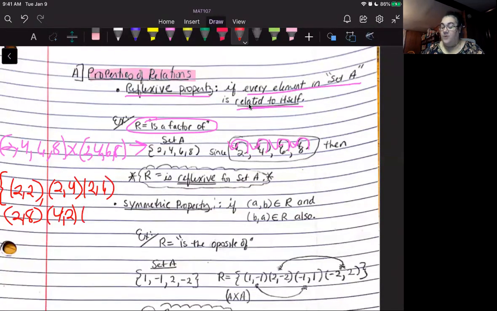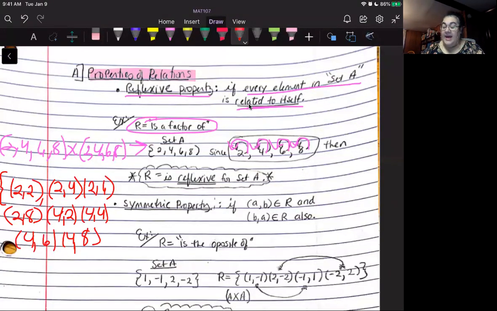Then we have 4, 4, there's the reflexive. We have 4, 6, and 4, 8. Oh, sorry, that 8 is kind of nasty. Let me see if I can fix that for you. That's a little better. And there's the comma.